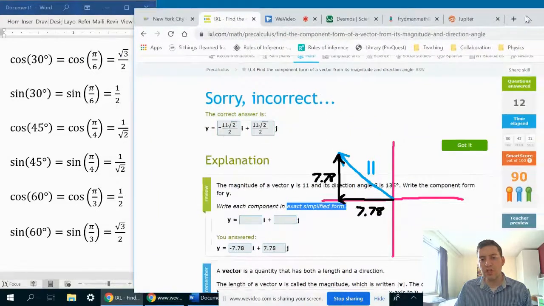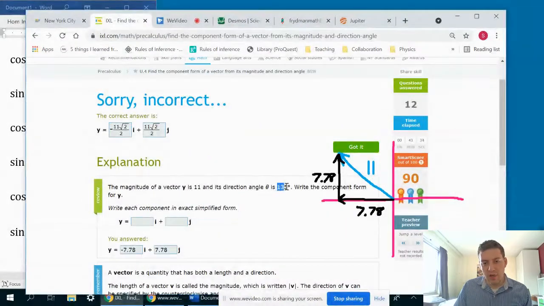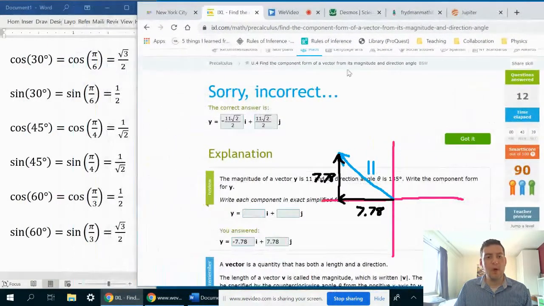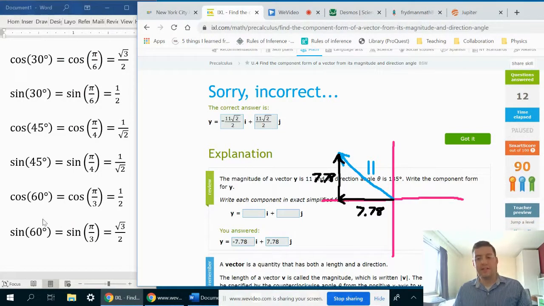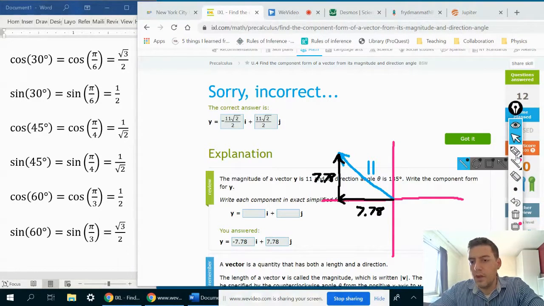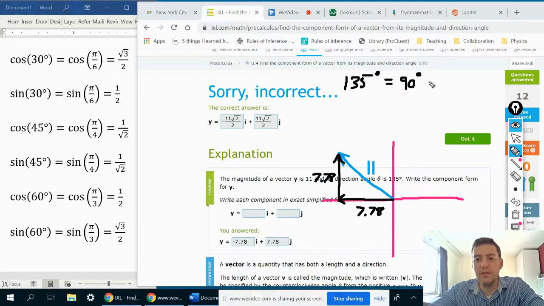So the direction angle was 135 degrees. That is not one of the special angles which I wrote over here. All I wrote was 30, 45, and 60. However, 135 degrees is equal to 90 degrees plus 45 degrees.